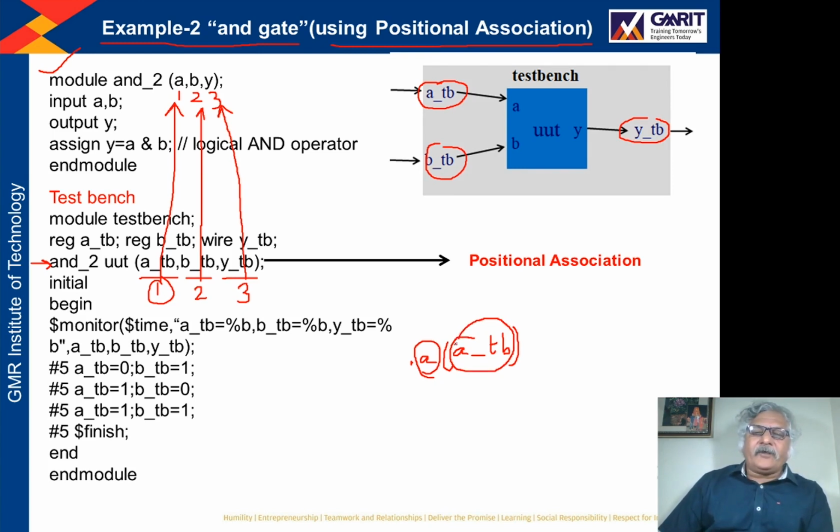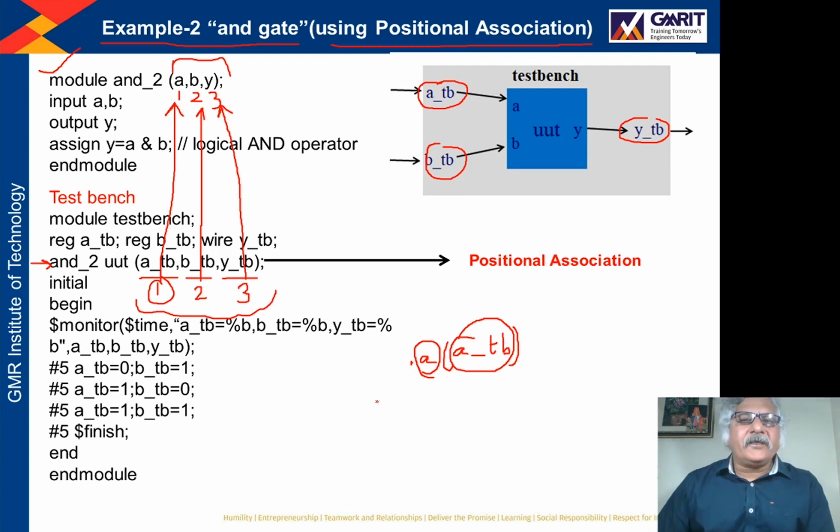So that method was explicit association, and this is positional association. In positional association, the sequence matters. Whatever the sequence of A, B, Y is, the same way we have to write the sequence here, right? Okay. So only this is a change in this particular code.